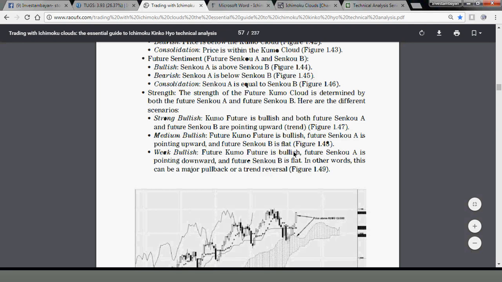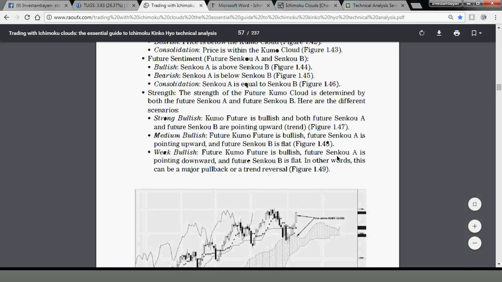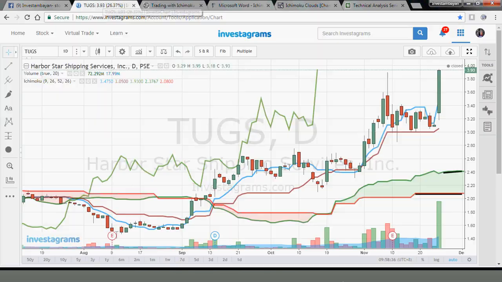Weak bullish. Future cloud is bullish. Nasa price na bullish siya. Pero, ano bang bad dito? Senkou Span A is pointing downward. So, pababa yung Senkou Span A, then flat.